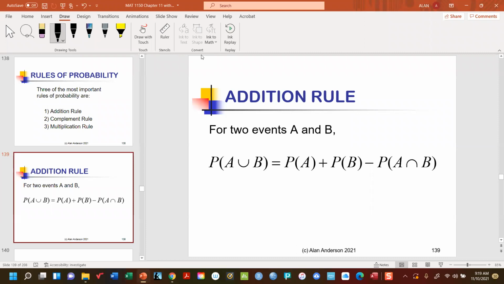All right, before we do any actual examples, let me show you why we need to subtract the piece in the middle. First, let me add a new slide in here.